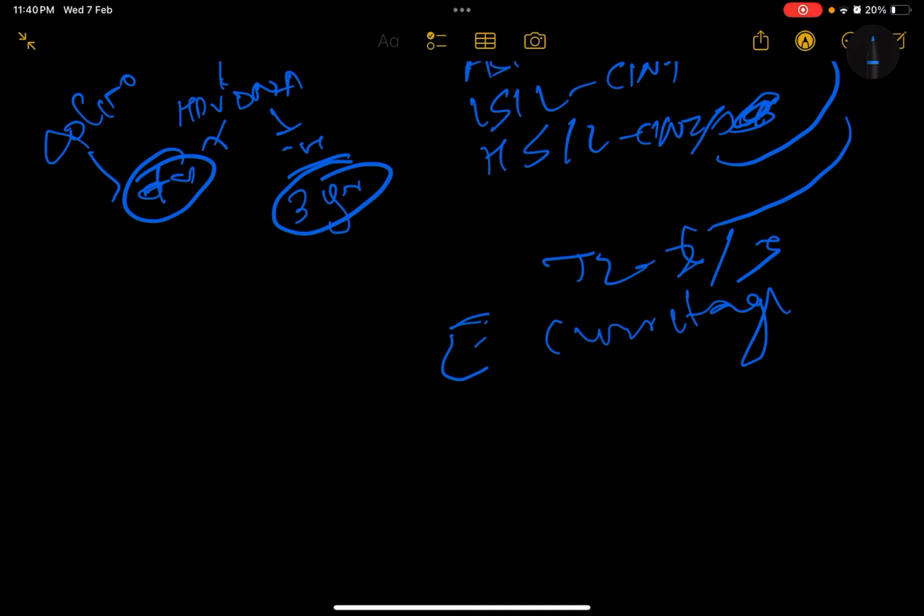Some things that need to be cleared before I leave is cone biopsy, conization, which includes endocervix, exocervix, transformation zone. Do not do it in a pregnant woman. Disadvantage: it's an OT procedure, needs anesthesia, and admission is needed because you're actually getting into the cervix and into the uterus. Now, you do it when you have an adenocarcinoma of the cervix.